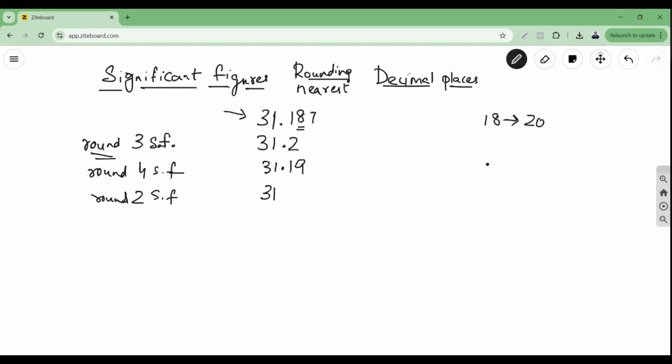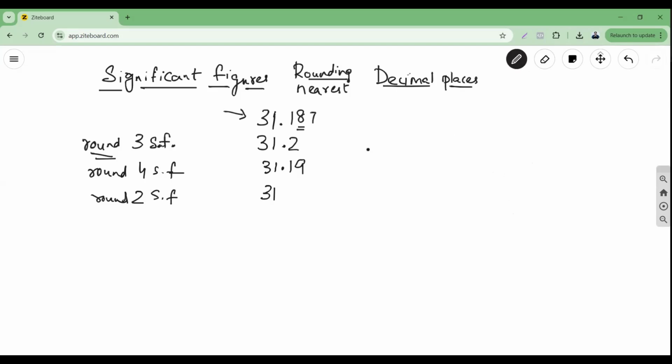If it was 31.587, for the same 2 significant digits, what would it have become? 31. Now, because it's a 5, it has to increase, so it will become 32. I hope you're understanding it. If you have understood the rounding concept, you'll understand this one. So significant figures means number of digits. That is the meaning.